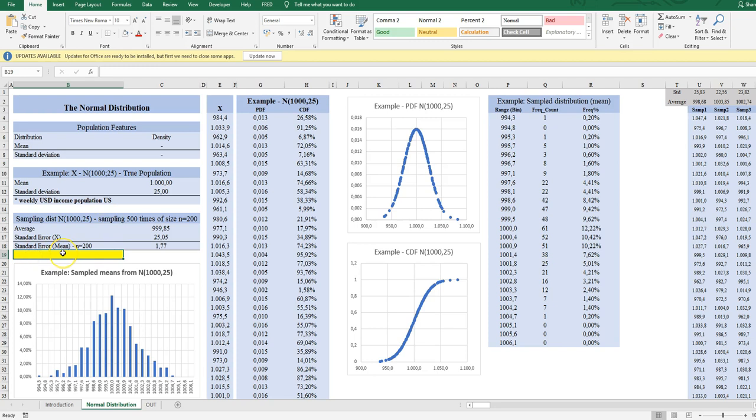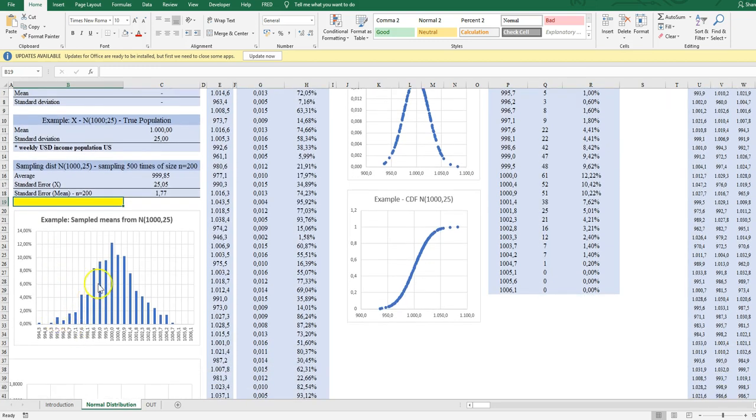Then the average height of this school will be normally distributed like this, and then based on this we can calculate some statistics, for instance with the confidence interval and the probability that the height is lower than this or higher than this.